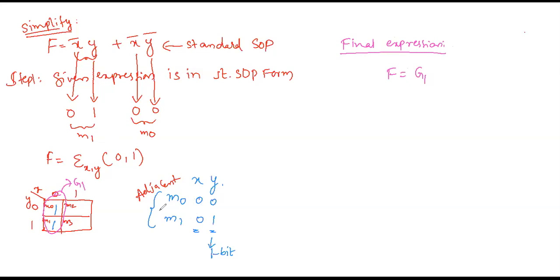To write the G1 value, look at the bit changes of the variables. The x value is the same, the y value is different. So the varying variable is struck off: y is gone, so we have only x. What is the value of x? 0, so 0 should be indicated with a complement. So G1 is equal to x bar, and F is equal to x bar. This is our final expression.